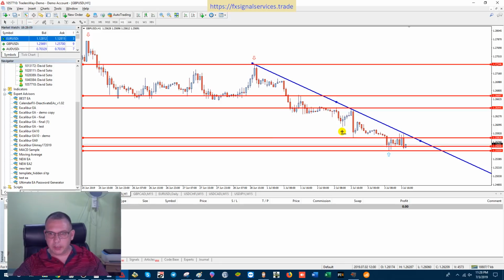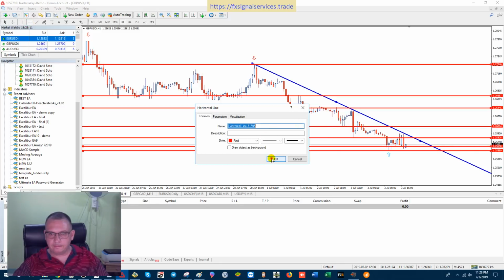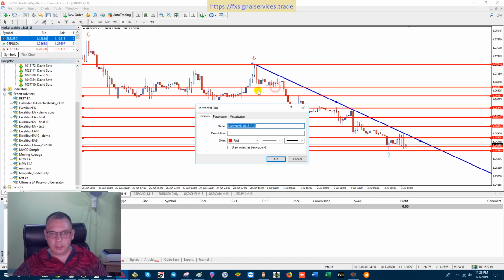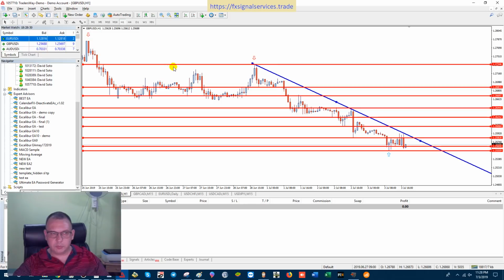We see a point right here. We see a point right here. We see a point right here. This is a support line. We see a point right here.